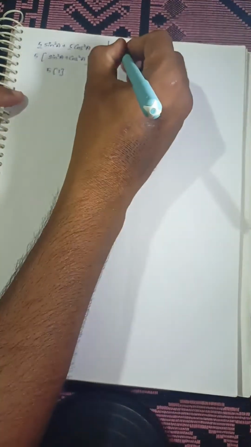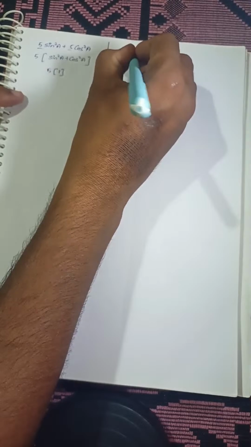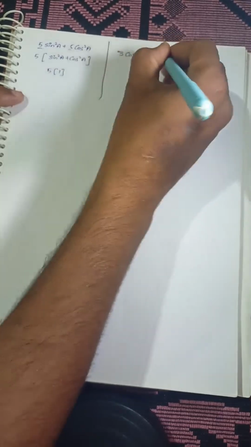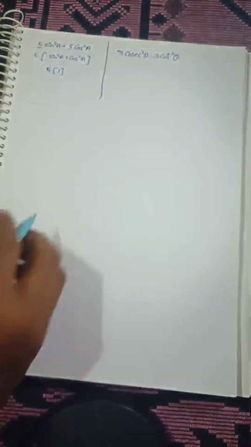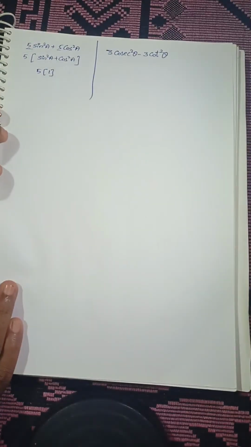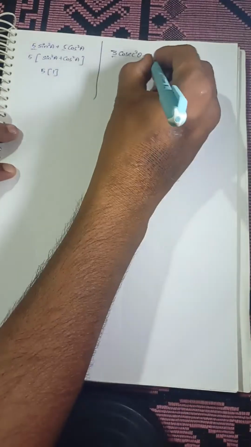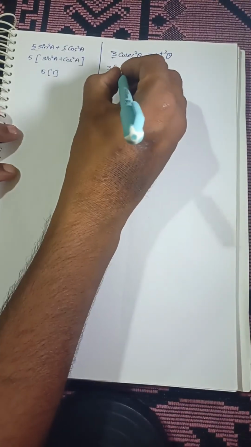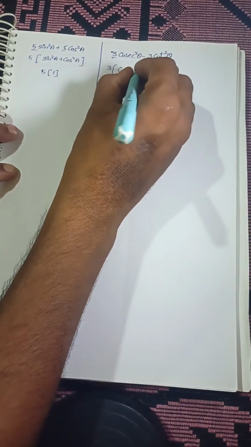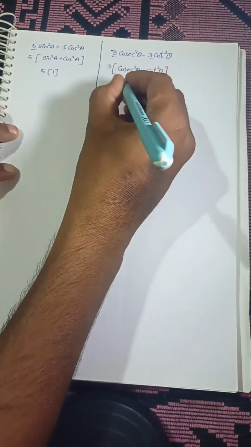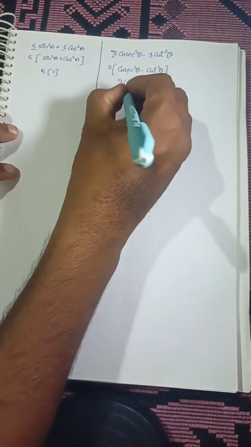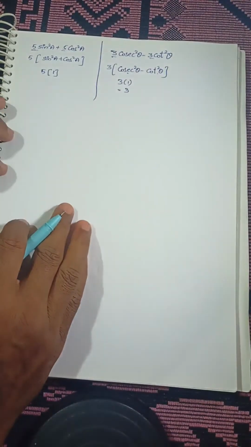Next, if it is 3 cosecant square theta minus 3 cot square theta. From both the values, what is the common? 3 is common. I am writing 3 outside. Cosecant square theta minus cot square theta value is 1 due to the third identity.